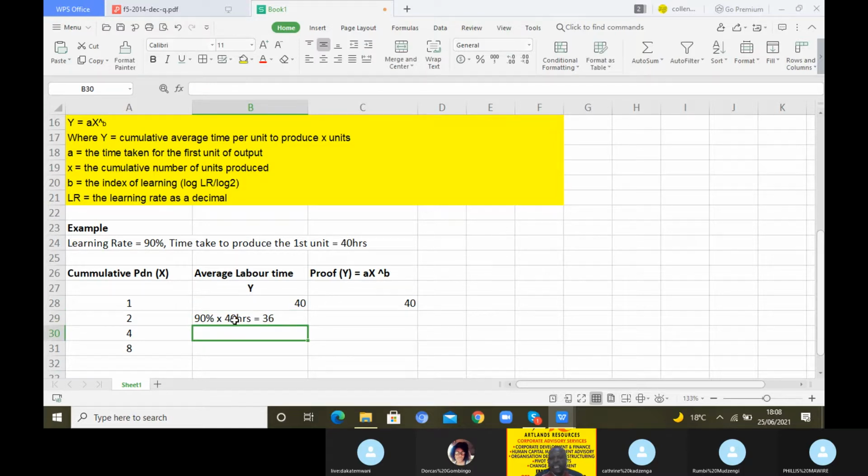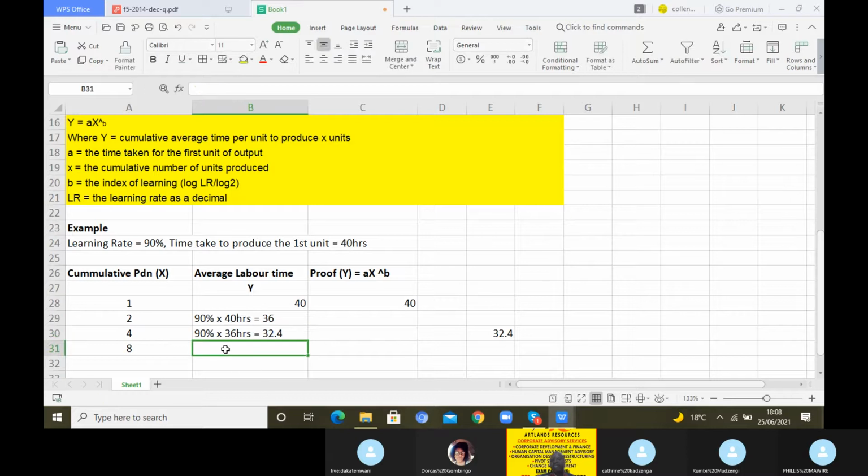Now, remember, this is the average time. It's the average, meaning total time divided by 2. And then the average for 4 units would be 90% multiplied by 36 hours. Let me calculate it: 0.9 times 36. So 90% multiplied by 36, I'm getting 32.4.